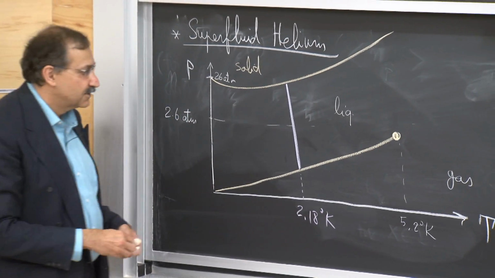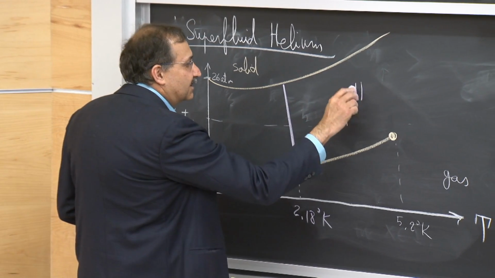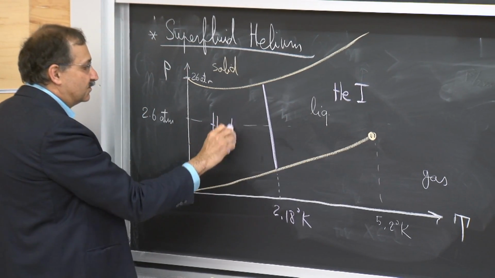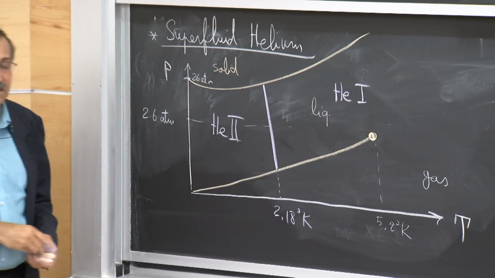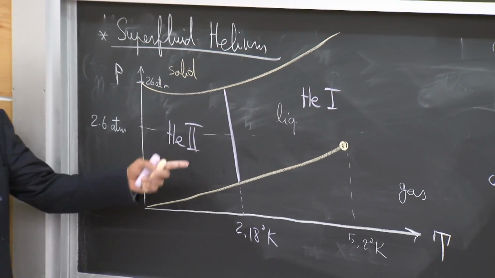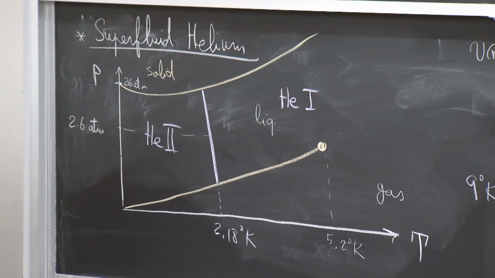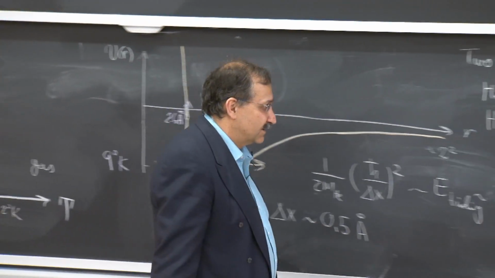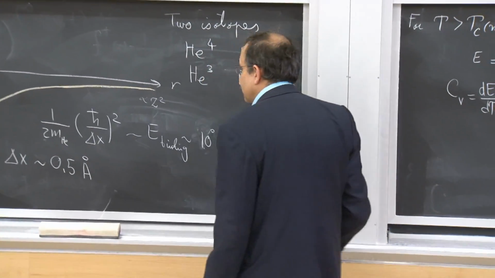And so we can call this helium-1 and this helium-2. Again, two different forms of the helium-4 liquid that you have. So how was this seen experimentally?